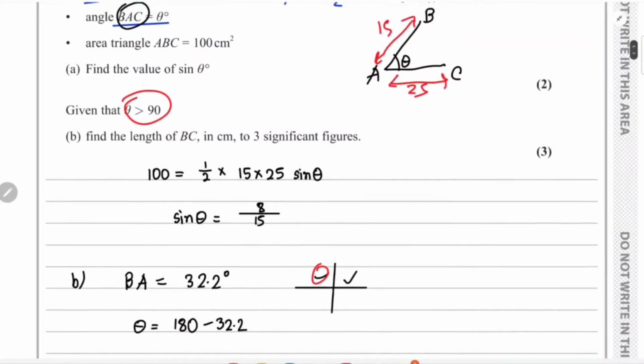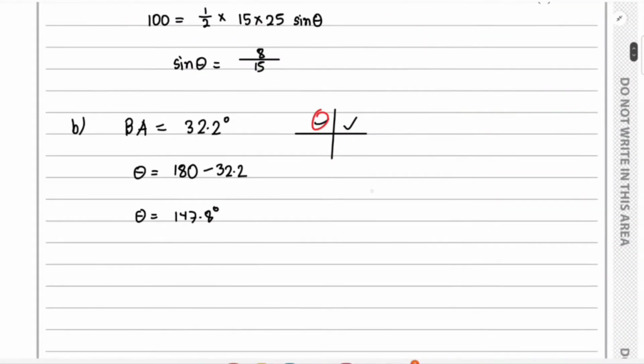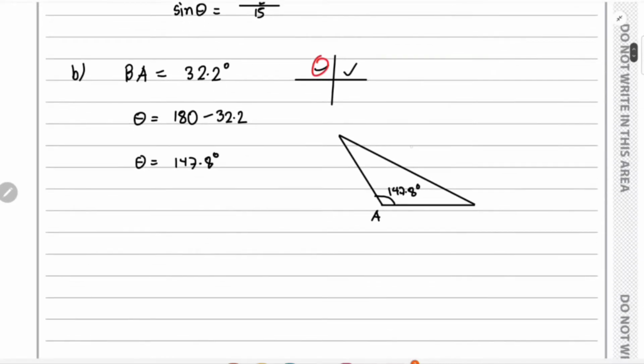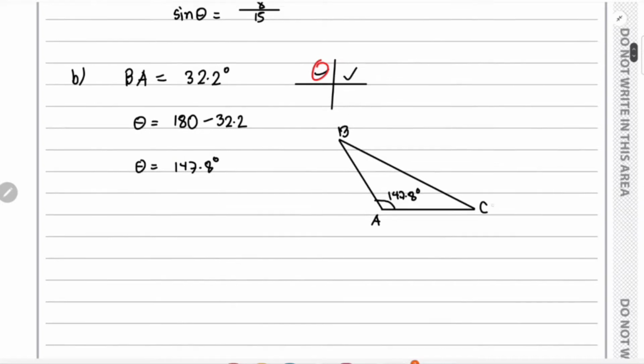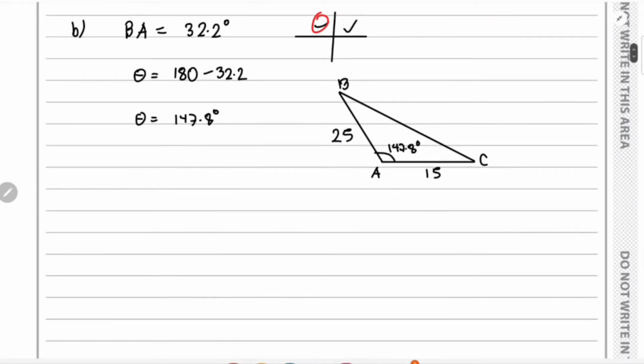Now we have to find the value of BC. If we draw a sketch of the triangle, something like this, this is A, this is 147.8 degrees, and you want this length BC. This is 15 and this is 25. So you can just use the cosine rule over here.